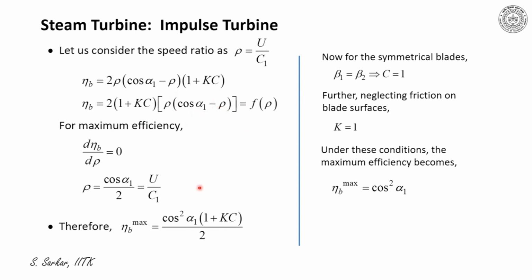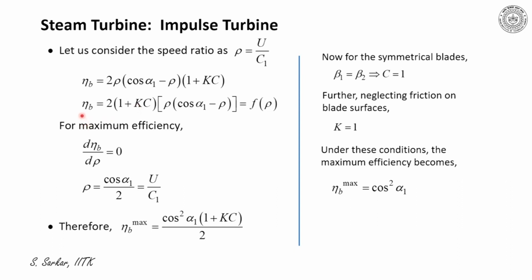Now let me pause over here. For a certain design of impulse turbine, the K, which is the frictional coefficient, can be treated constant, and C, which is the ratio of cos beta 2 by cos beta 1, can also be treated as constant.